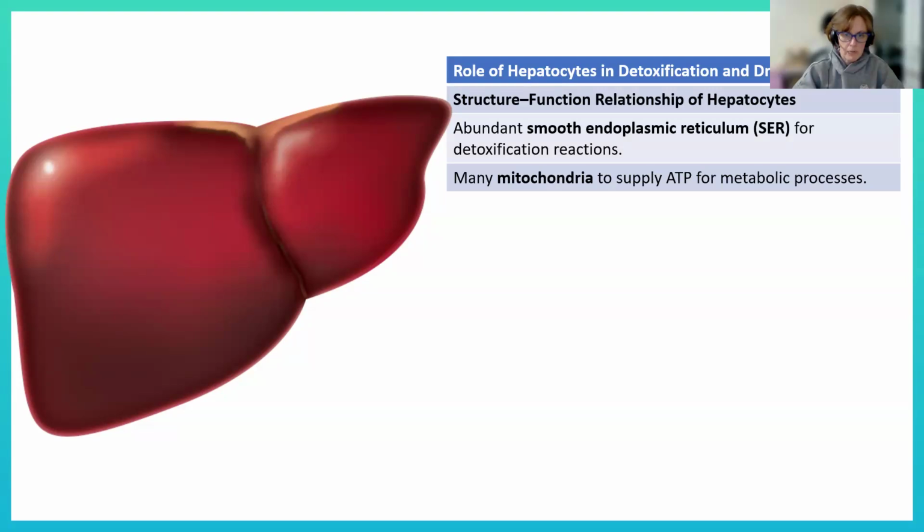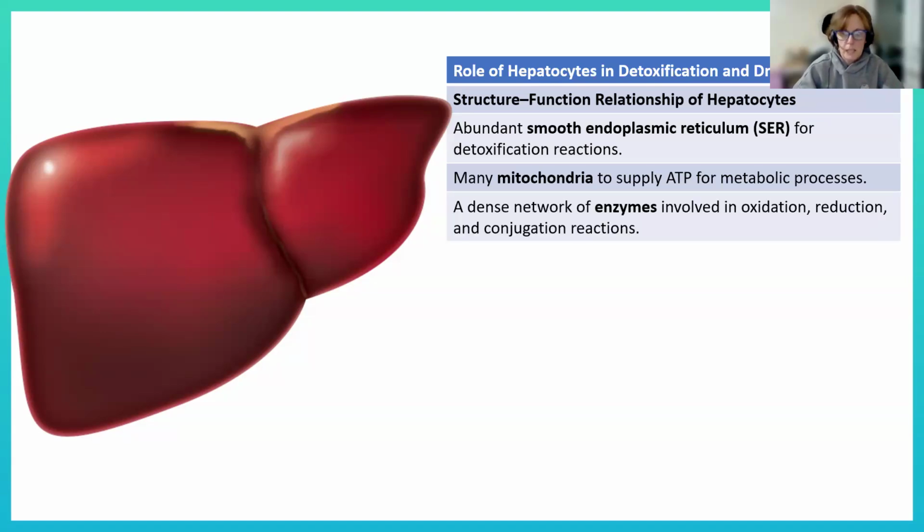The hepatocytes, the liver cells, also have an awful lot of mitochondria, and they are really important because mitochondria supply ATP. It's the energy for the cell. Remember, we were talking a moment ago about ATP being used for active transport. So that is why these mitochondria are really important. They produce the ATP, so all of these metabolic processes that need stuff to be moved across the cell, or energy for anything else, it's all available on site.